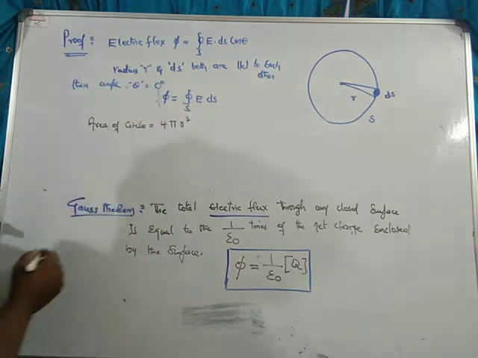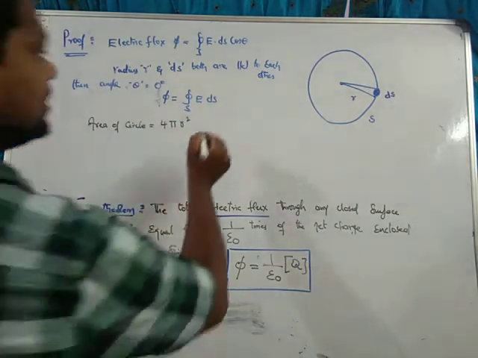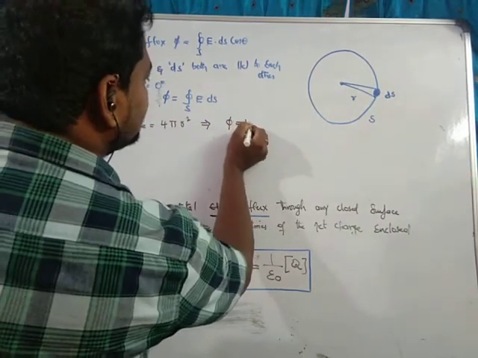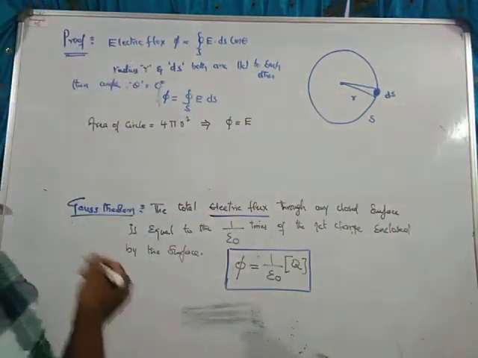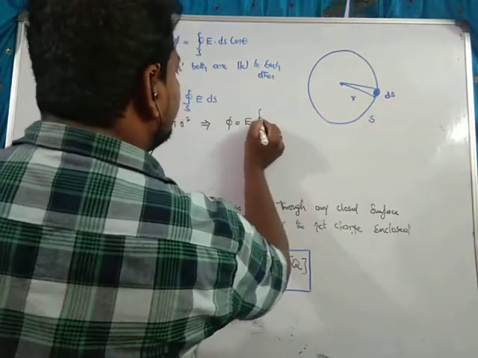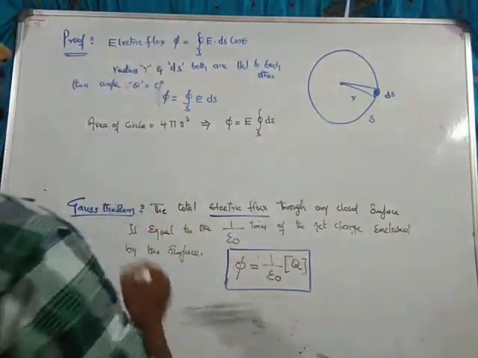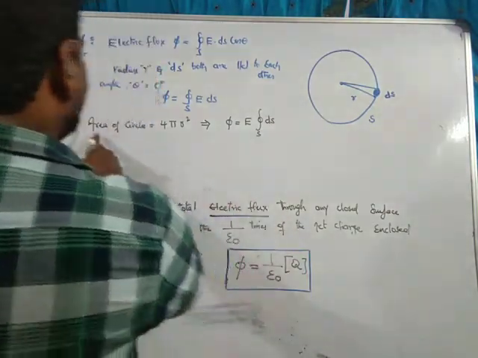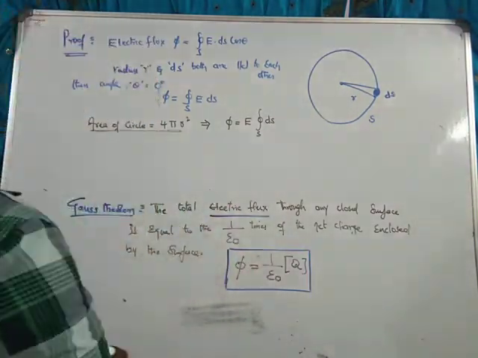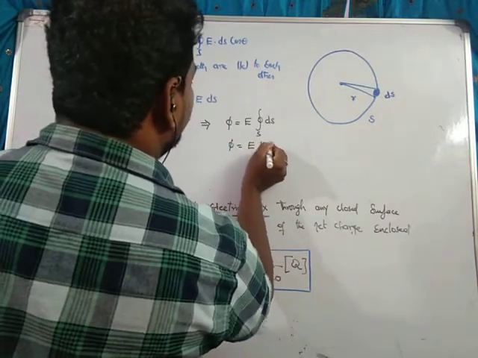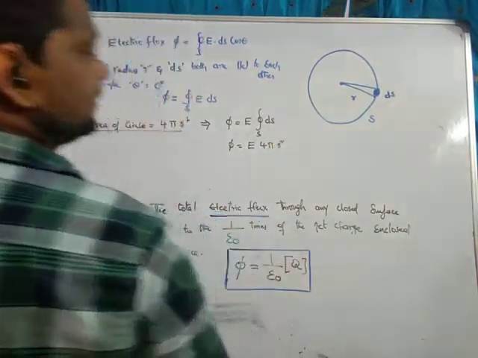So whenever we apply integration, flux is equal to E, the electric field which is constant, times the surface integration of ds. The integral and differential cancel, we get the area of the sphere. That's E into 4 pi r square.